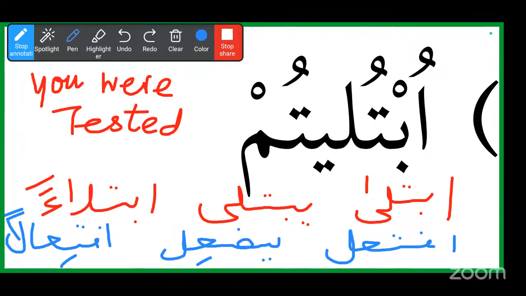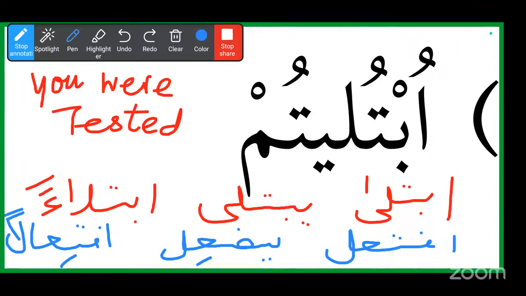Now the problem with this is about the last letter, which is a sick letter. That is why the word changes from ibtala'a to ibtala. The word actually was ibtala'a, yabtali'u, ibtila'an.